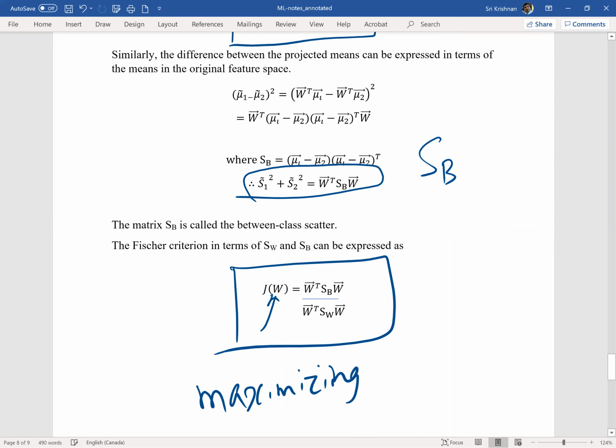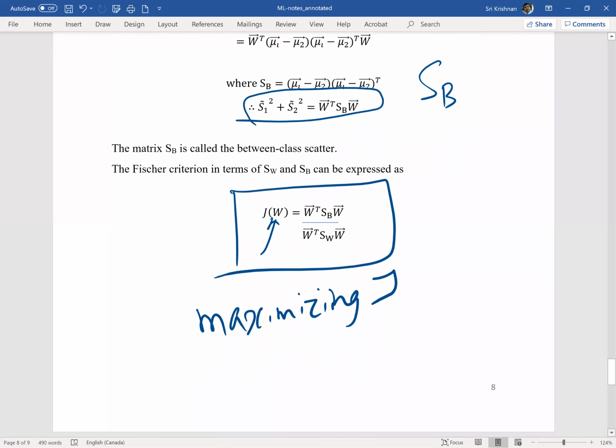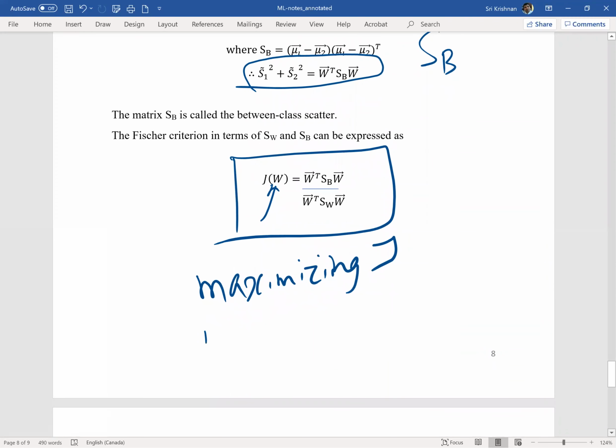Maximizing J is an optimization problem which says I'm going to be maximizing the between class scatter, so between the two classes, and I might be minimizing the within class. To put it in other words, in simple language, we try to decrease the intra-class, within group variability.